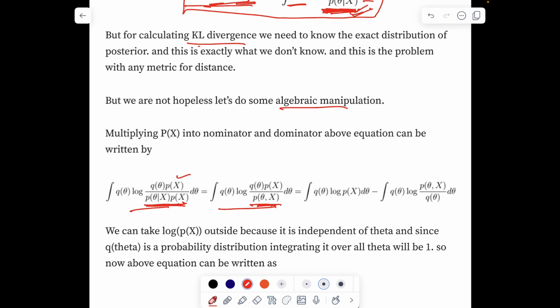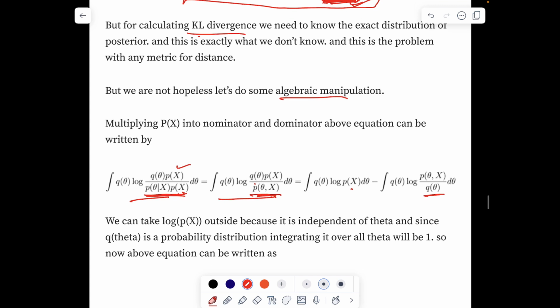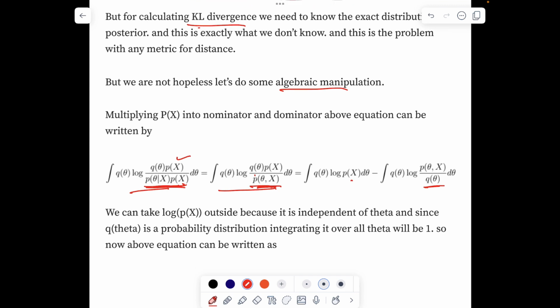Now let's do some log manipulation. Because of the minus sign, it becomes log p(x) minus the integral of q(theta) log of the joint over q(theta) d theta. How did it come? Because we have taken the minus sign, and q(theta) is outside.